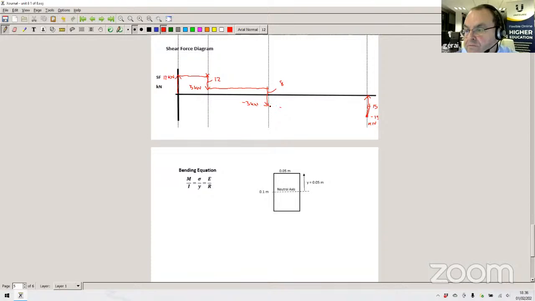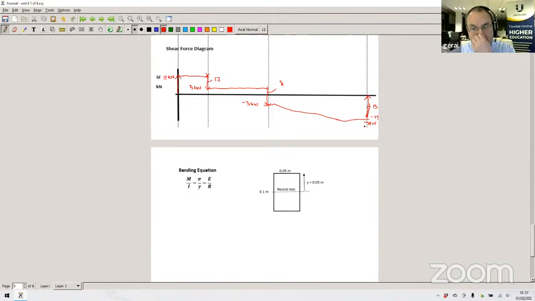Oh, I'm getting worse at this. Let me just draw that once again. But it's a straight line anyway. So we'll draw a straight line from there to there. I'm afraid it's not that straight, but anyway, you get the idea.